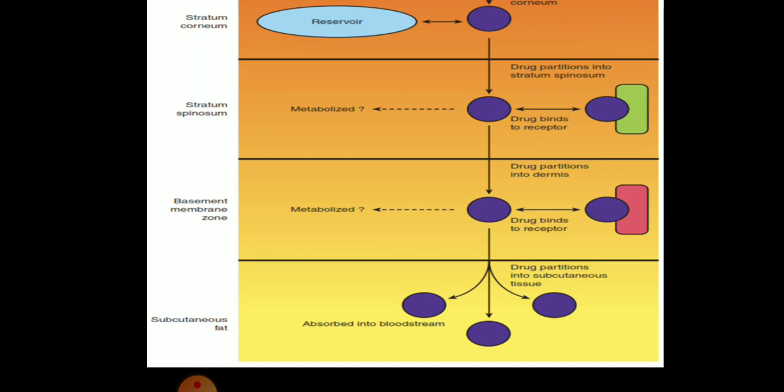So once it comes to the bottommost layer, it will be absorbed more and more. If it remains above that, it will usually have local action, though a little bit of it is even going to be absorbed from that particular zone.